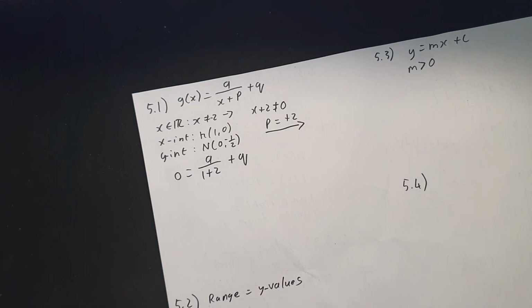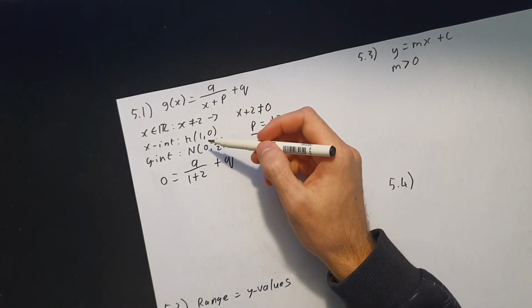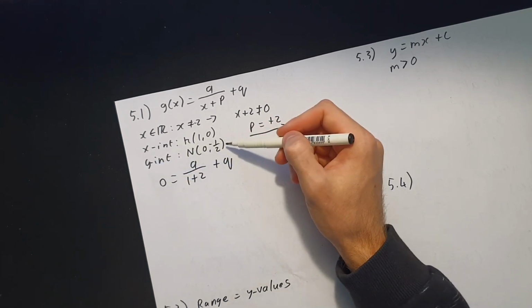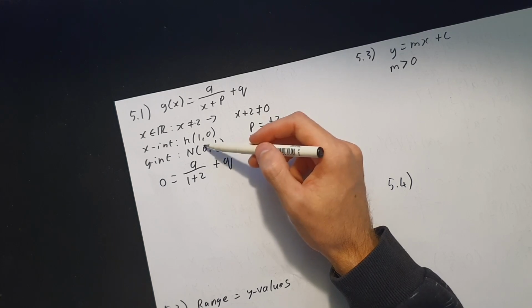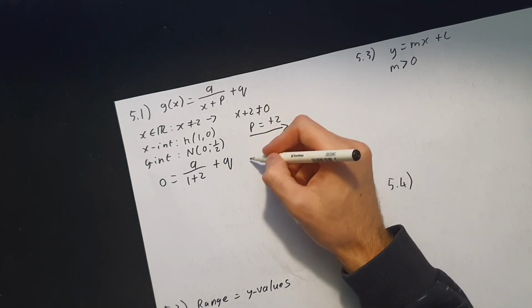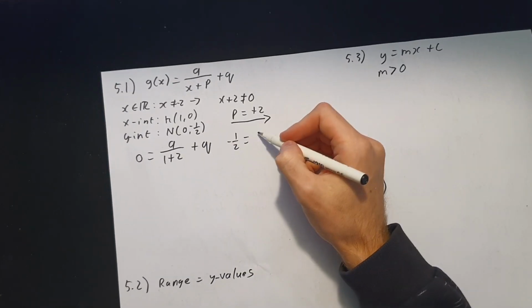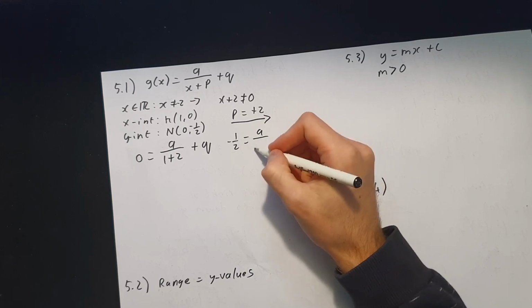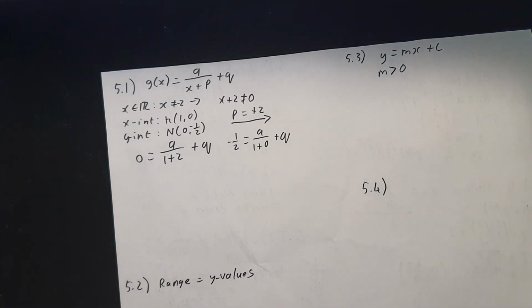The second equation comes from the y-intercept. When x equals 0, y equals negative a half. So negative a half equals a over 0 plus 2, plus q. That's our second one.